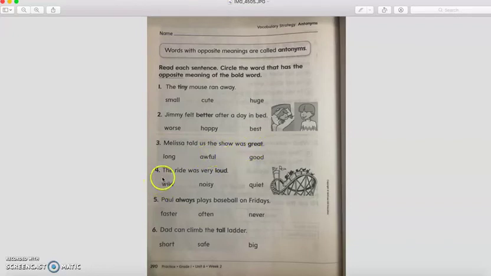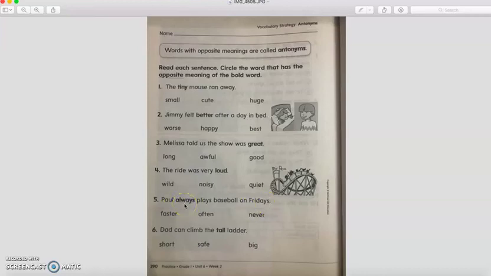Number 4. The ride was very loud. What's the opposite of loud? Now, when you are loud in the classroom, what does the teacher ask you to do? Please be noisy or please be quiet. Good job. Now here, Paul always plays baseball on Friday.